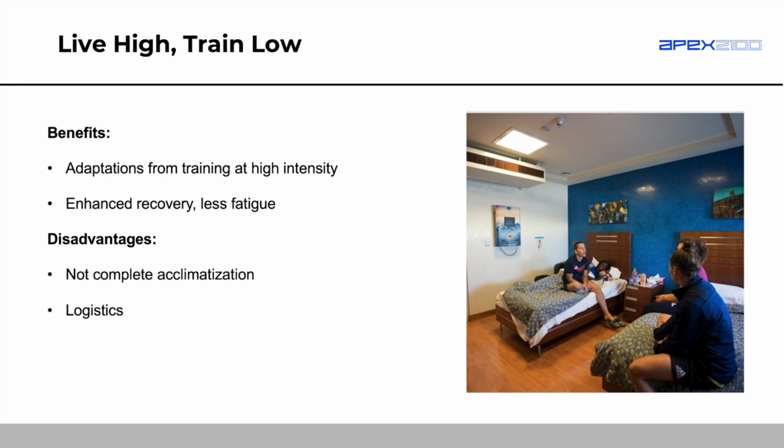And so this is normally the best recommendation. This one, live high, train low, is said to have the greatest benefits because we're able to maintain training intensity and get the benefits of acclimatization.